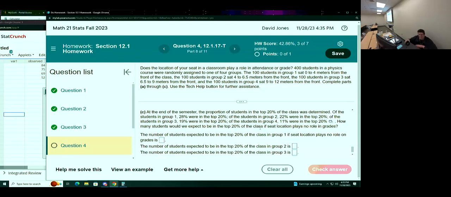So now see, it says at the end of the semester, the proportion of the students in the top 20% of the class was determined. Of the students in group 1, 28% were in the top 20.